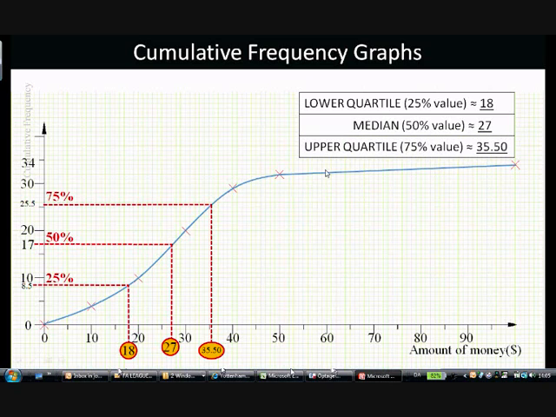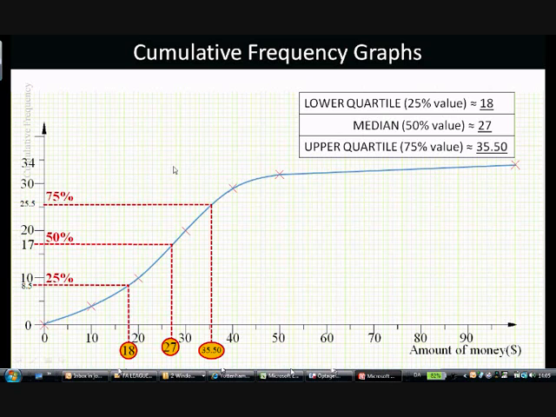So that's also called the upper quartile. The value that's 75% of the way up is $35.50. So 75% of the people have below $35.50, and then the top 25% have above that.